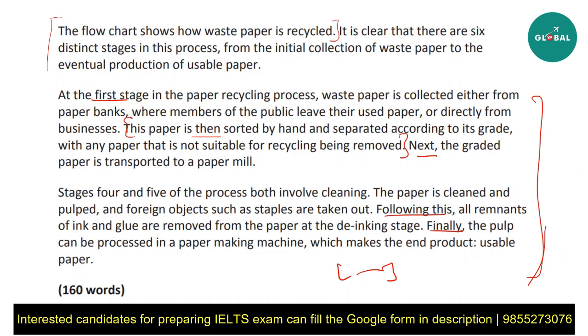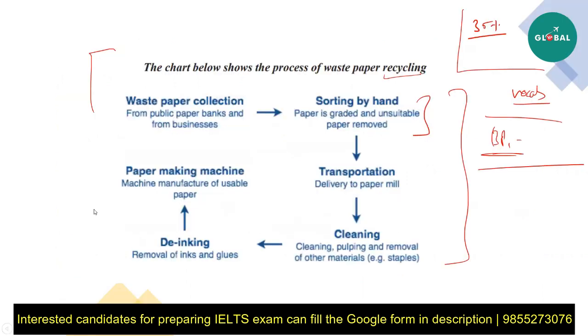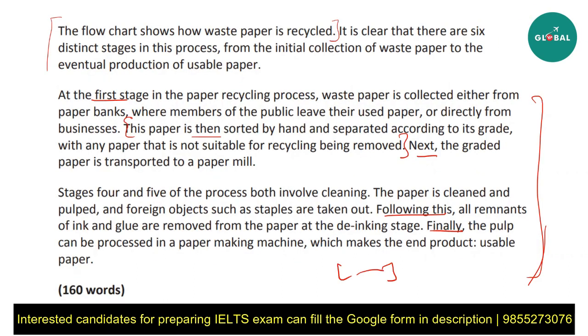The paper that is collected from paper banks will obviously be collected from the public. As they say, the word is public paper banks, right? And the other thing is directly from the businesses. They are mentioning businesses there. So they have just basically elongated that sentence and used other words to emphasize certain things. That is the kind of trick you need to use to make sure your vocabulary is being fulfilled.